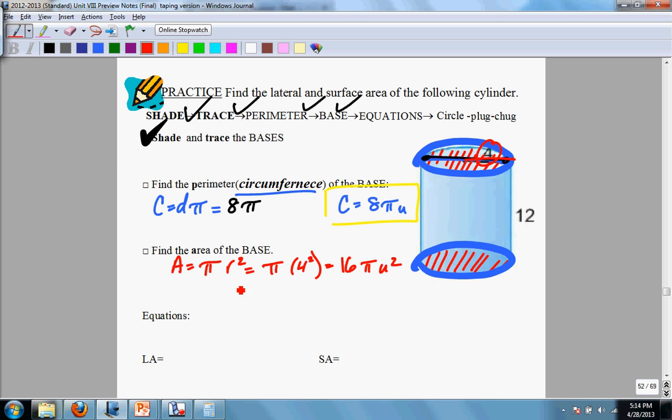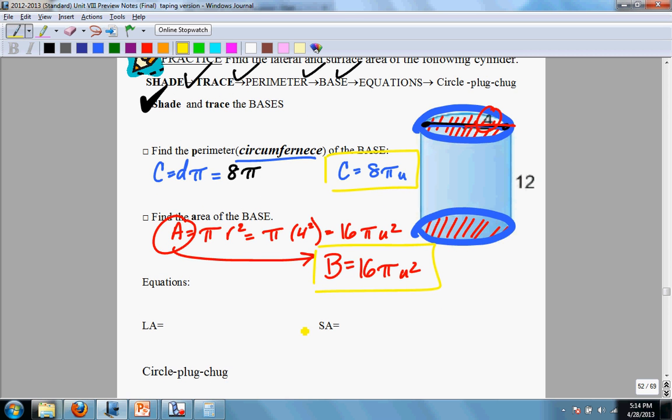So we're going to call it, remember, area is now going to be a capital B, meaning area of the base. So our B here is 16 pi units squared. Box that. We're going to need it. Shade, trace, perimeter, base, equations, circle, plug, chug.